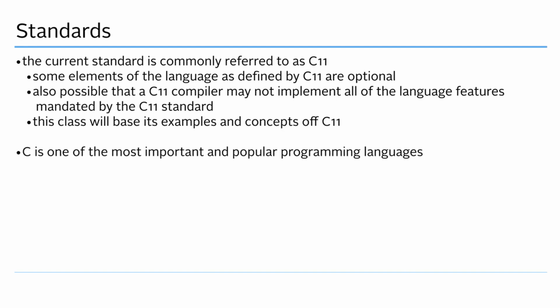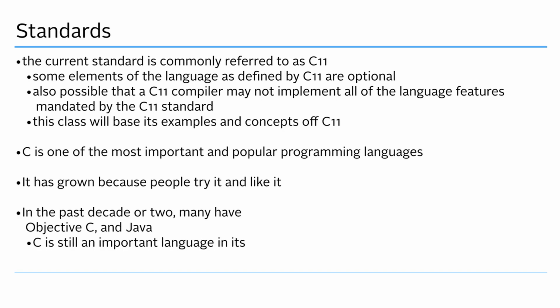I mentioned this before, but I want to reiterate. For all the reasons I mentioned so far, this is why C is so important, why it's important to learn, and why it's popular. The reason is that people like it. It's easy to write and easy to read. As we mentioned earlier, Dennis Ritchie's goal was to have it be used by developers. It's a developer language.